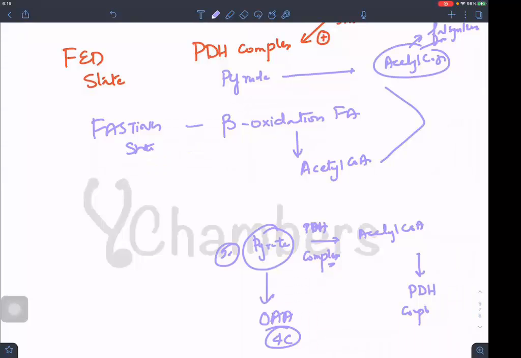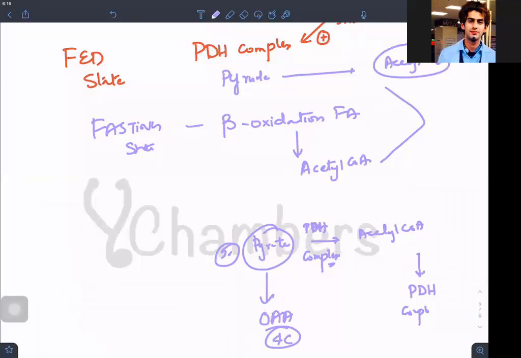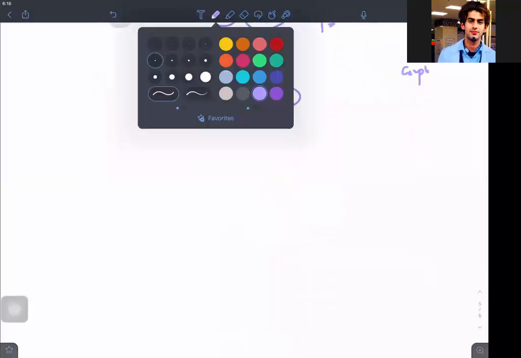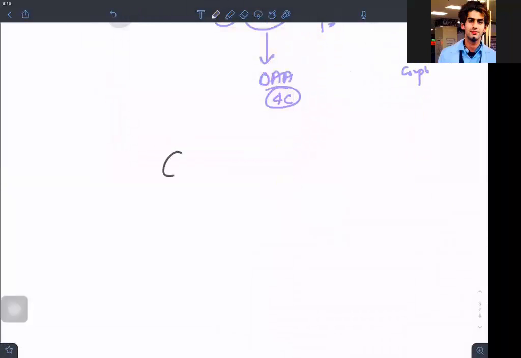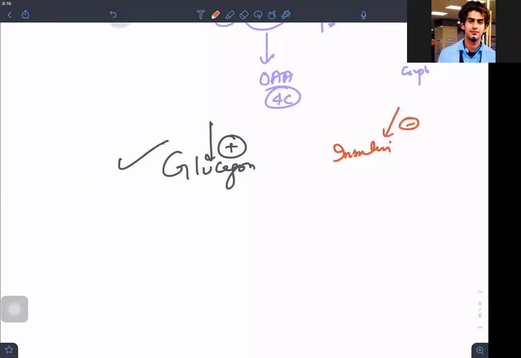Glucagon should start gluconeogenesis, producing glucose from non-carbohydrate moieties, and insulin should be inhibited. So I come to a conclusion that in gluconeogenesis, glucagon should be stimulated and insulin should be inhibited. Is there any doubt in this? No doubt. I don't want insulin to work. I want glucagon to work to raise the blood sugar level.